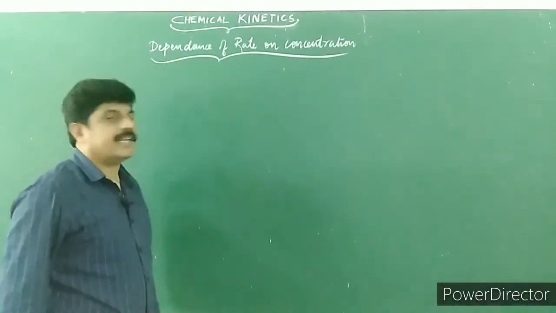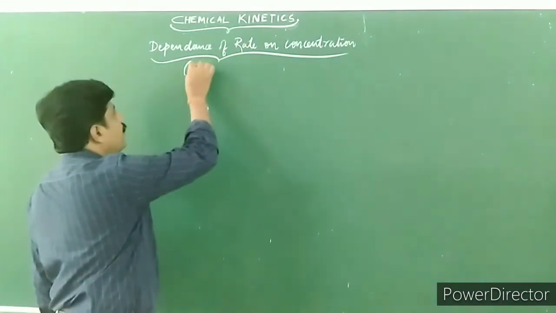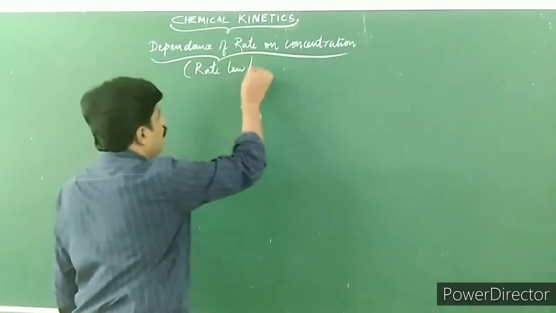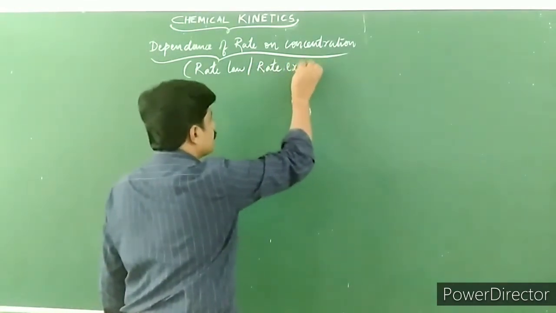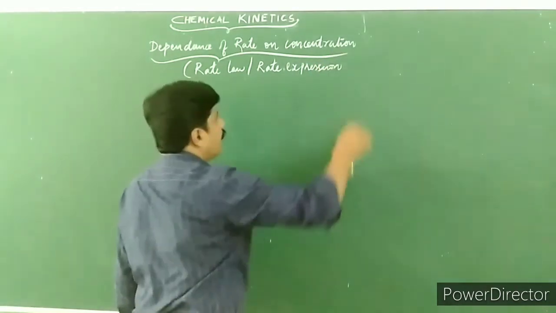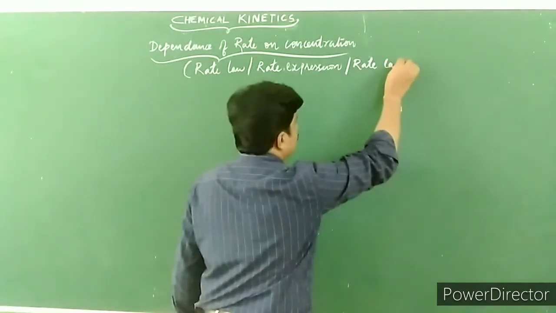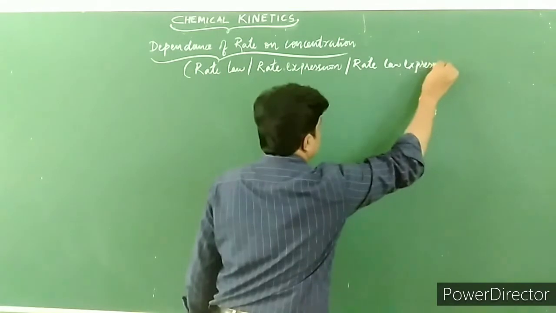Children, dependence of rate on concentration can also be dealt with in the form of rate law or rate expression. You can also call it the rate law expression. All are one and the same only.